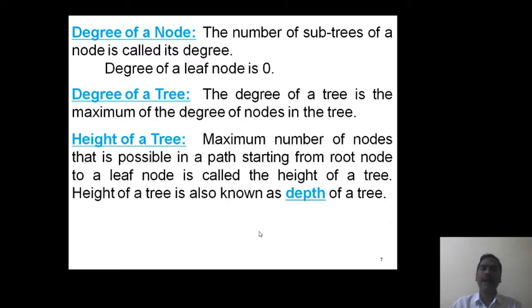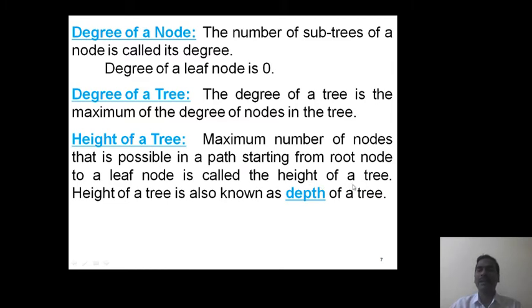Next one, height of a tree. The maximum number of nodes possible in a path from the starting root node to a leaf node is called the height of a tree. In a tree data structure, different paths are available, so we identify the longest path.